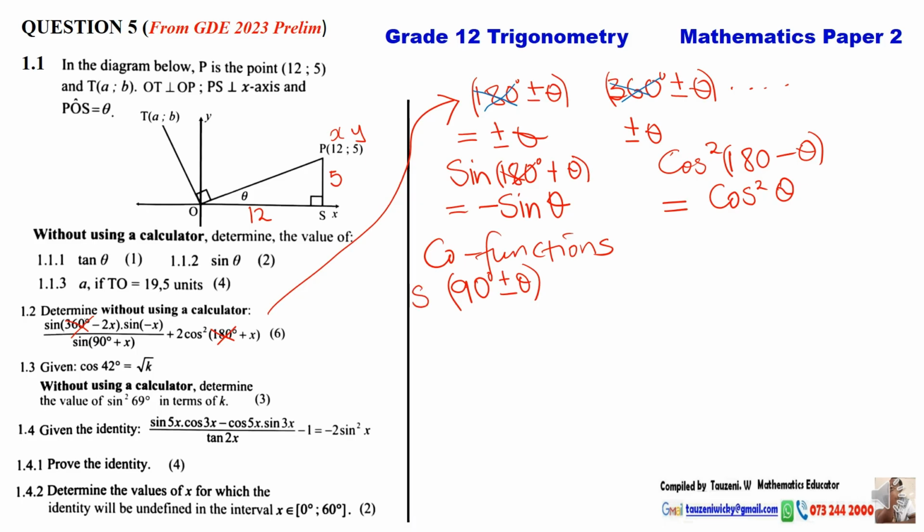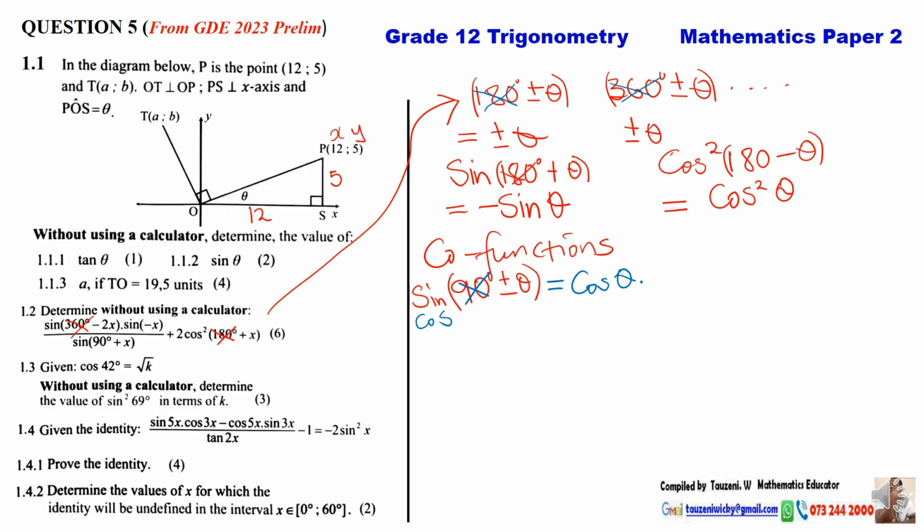So now cofunctions work like this. The 90 degrees falls away. There are two things that happen when you're working with a cofunction. The 90 degrees falls away, and then sine changes to cos, and cos changes to sine. So the answer to this expression is equal to the cos of theta.